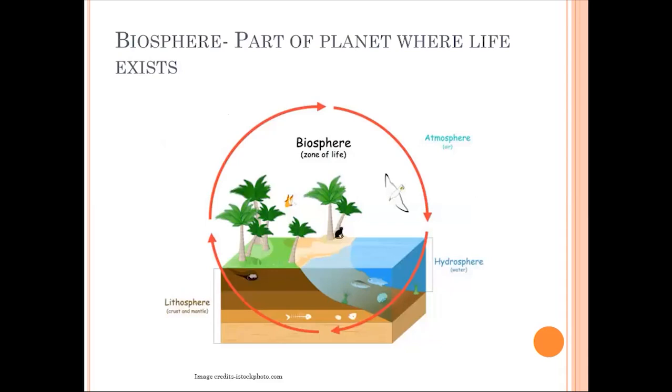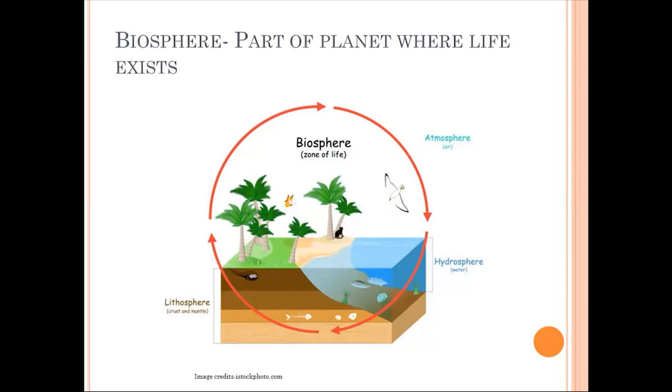And the fourth component is the biosphere. Biosphere is a part of the planet or part of the earth where life exists. So we can say that it is the interface where the other three components, that is atmosphere, hydrosphere, and lithosphere, interact and support life.